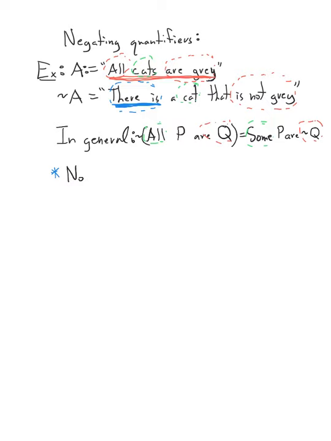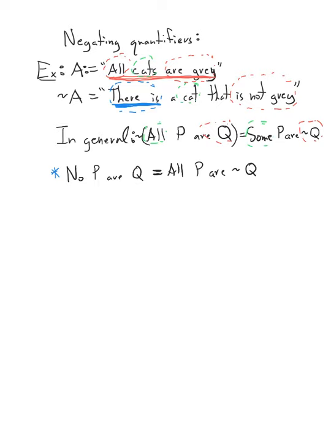the quantifier "no"... if we have the statement "no P are Q," we can always reword that to something with "all." So that's just going to become "all P are not Q." Let's say with the last example that we had, no cats have wings.